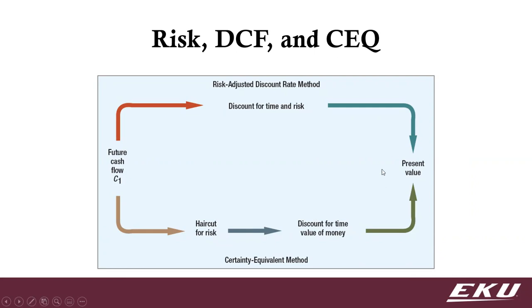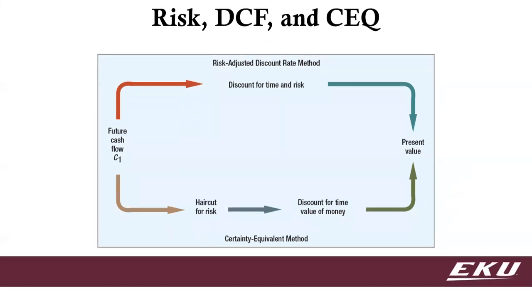I should come up with the same value because I'm capturing the risk. I'm just breaking the risk and the time value of money into two pieces. So you can do one or the other based upon what you prefer. Okay.